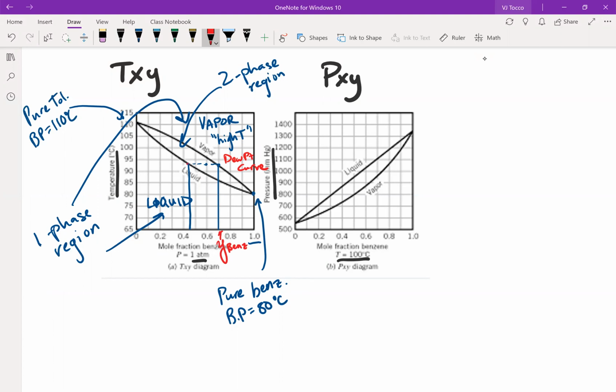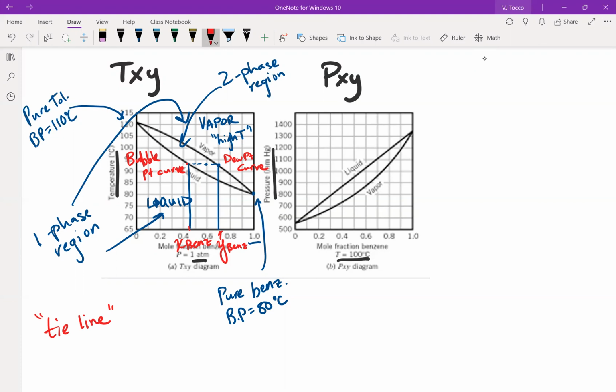And the one that is on the other curve, the bubble point curve, is my mole fraction of benzene in the liquid phase. So X benzene is there. I don't have enough space to draw, but remember this horizontal line is called a tie line. Remember that I can't exist inside the two-phase region. So anytime that my coordinates would be within the two-phase region, I draw that horizontal tie line and my compositions are linked.